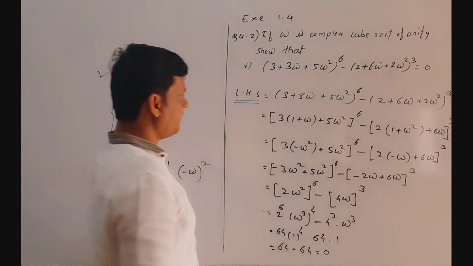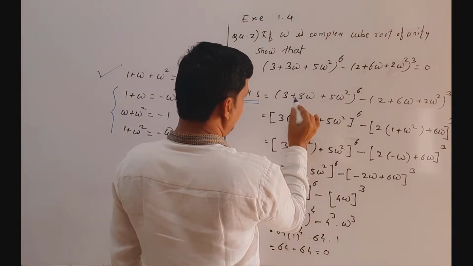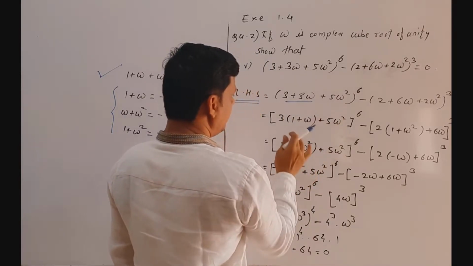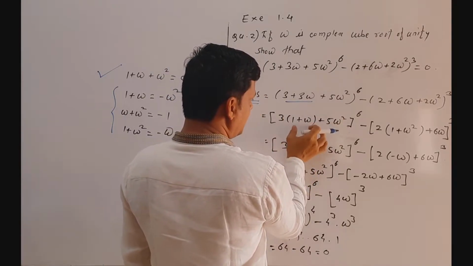So see here, when we take 3 common from the first two terms, we get 3(1 + ω).